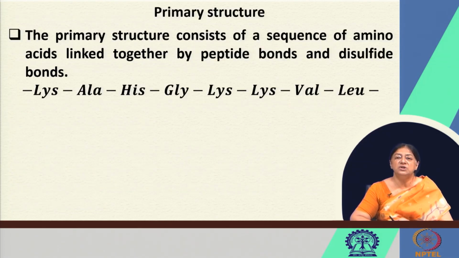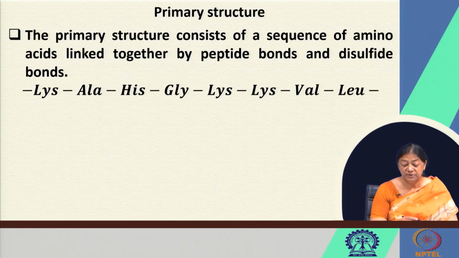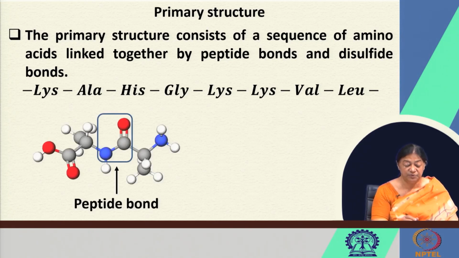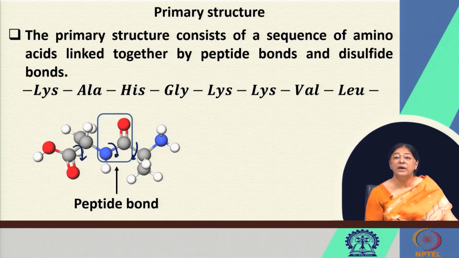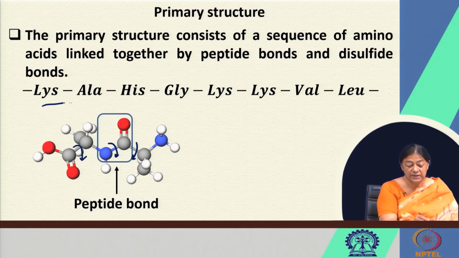The primary structure consists of, as we saw in the previous class, the sequence of amino acids linked together by the peptide bond, which we found out was a planar structure. We also looked at the possible rotations about the other bonds that are present, and we know that along this bond, the omega angle, we have restricted rotation due to the partial double bond character.